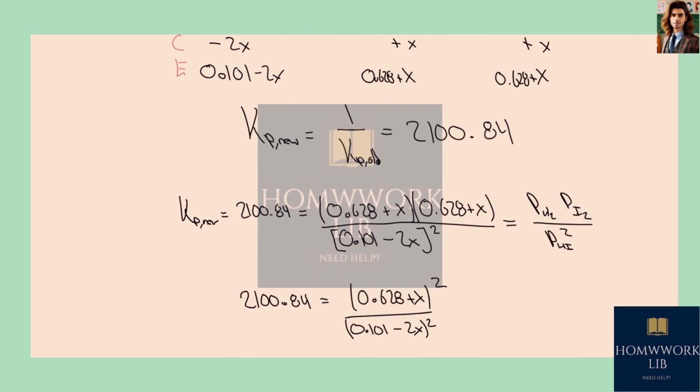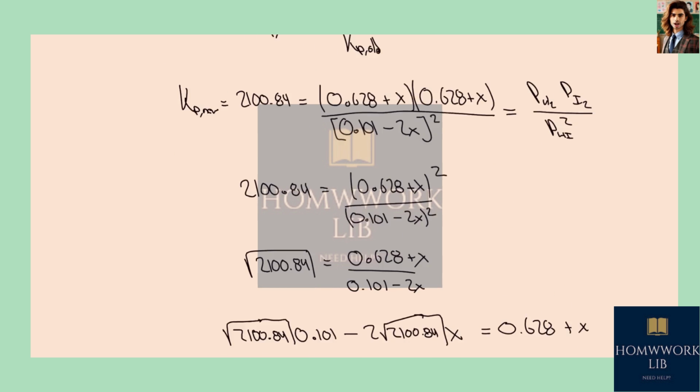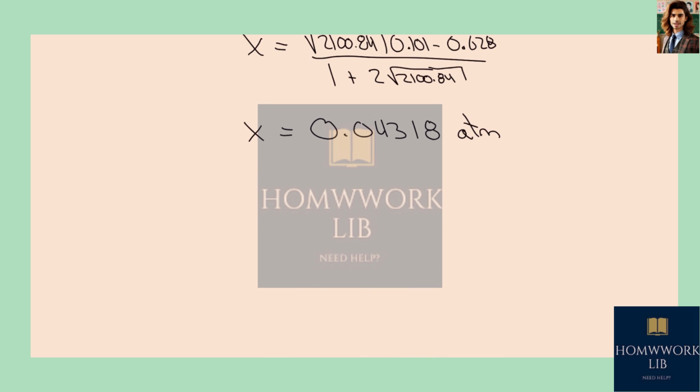So with that, the equilibrium pressure of HI was equal to 0.101 minus 2 times x, which up to 3 significant digits is going to give us 0.0146 atmospheres. So this is the pressure that was asked for in this scenario.